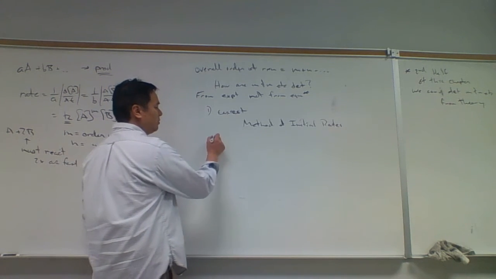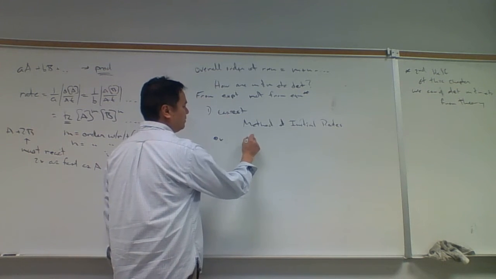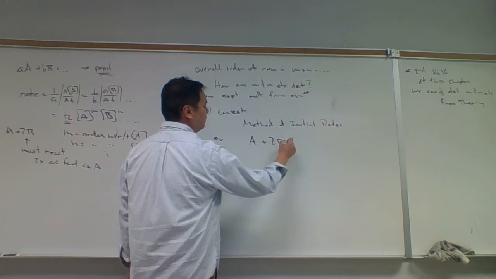So let's do a generic reaction before we go back to crystal violet. And so in this example, let's do A plus 2B yields product.